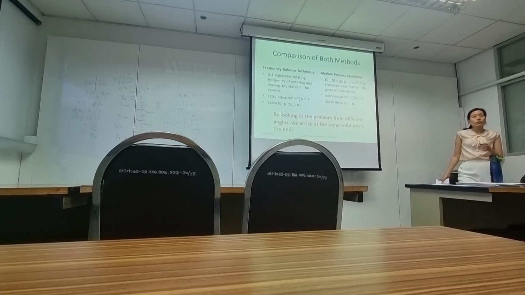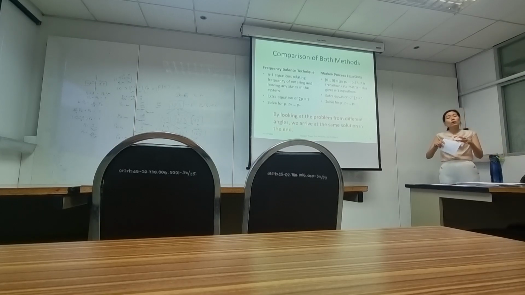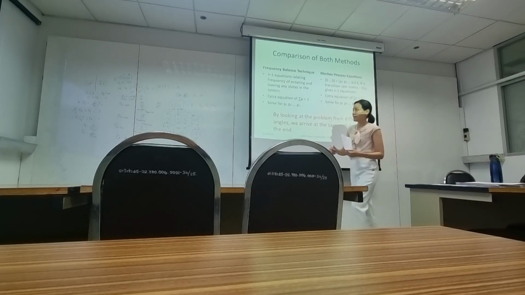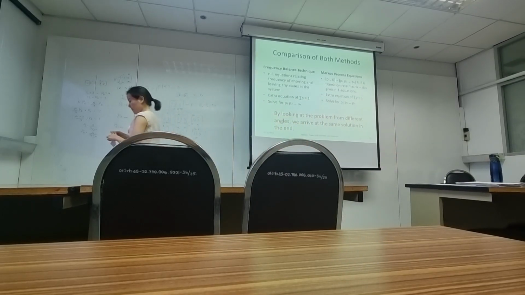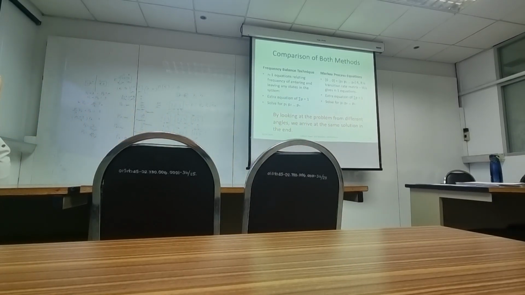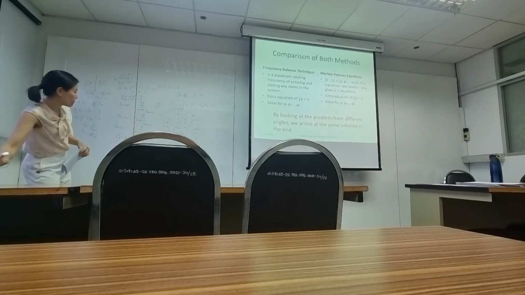Okay, so what I find is it is useful to use the state space approach to calculate the probability of being found in each particular state. However, if you want to find the equivalent value, you want to combine the states. Yeah, it's easier. Actually, that's the only way to do it, through the frequency balance.